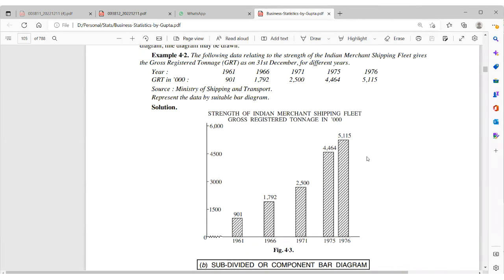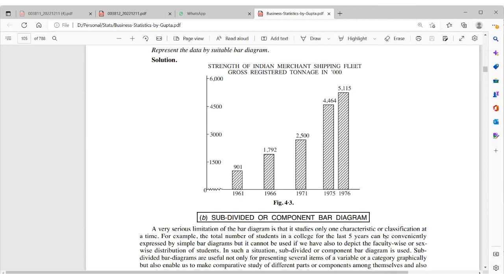In the bar diagram, we represent by this rectangular type of figure, right? And in the diagram, we cannot join these rectangular bars. Fine?